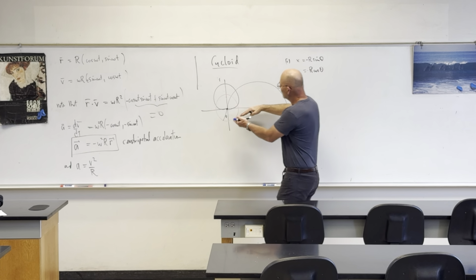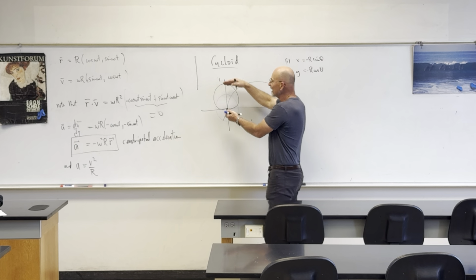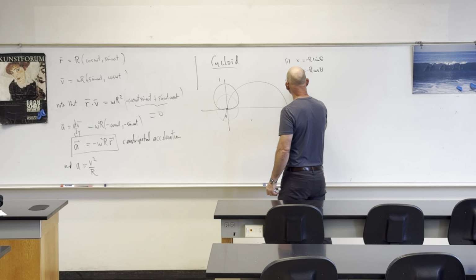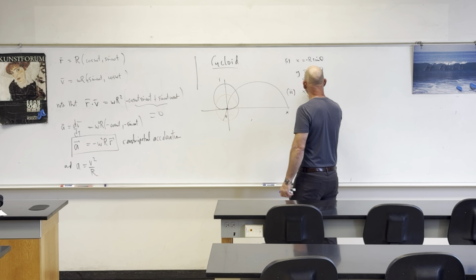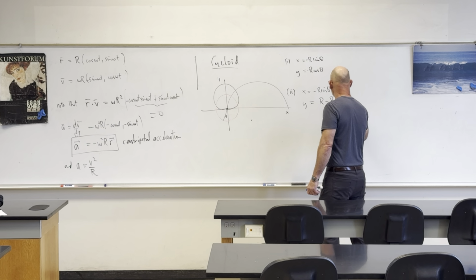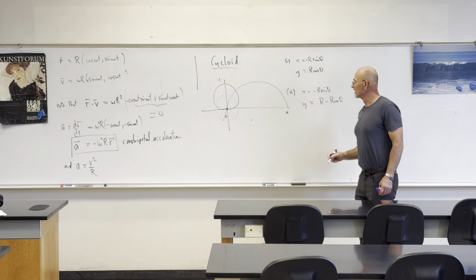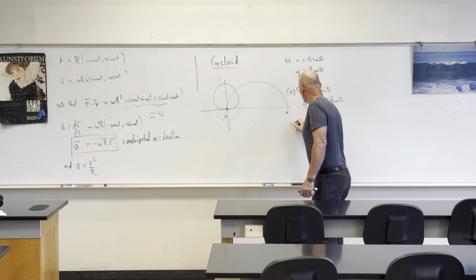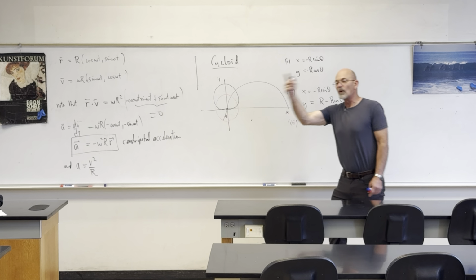And my second step would just be to lift it. So my second step, I'm gonna lift it, and I'm gonna still have x equals minus r sine theta, but y is now gonna be r minus r cos theta. And my third step, I'm gonna have it roll forward.